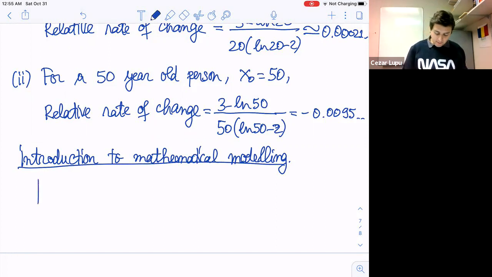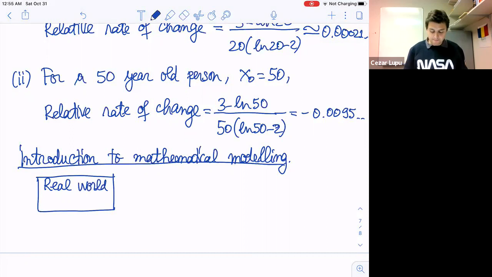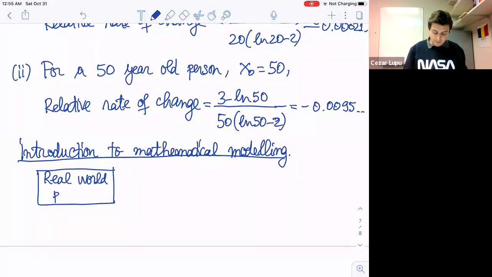So let's see, suppose we have a real world problem. And we have plenty of them. As you can see, these days we're actually battling this pandemic with the COVID-19, and everybody's trying to come up with something. In fact, some of them they actually did.